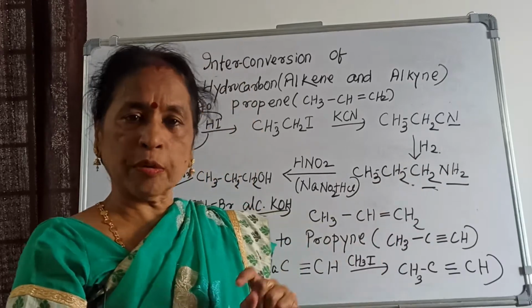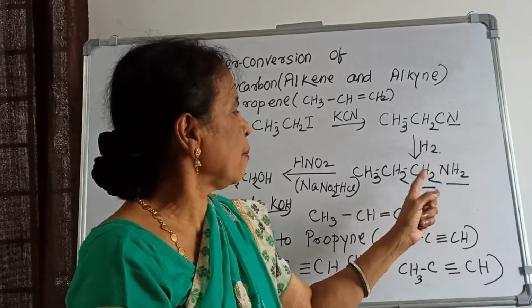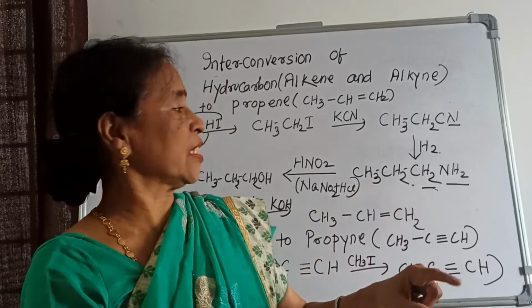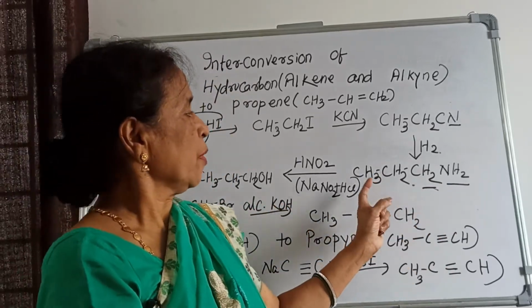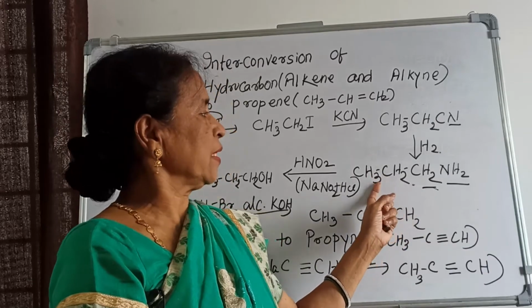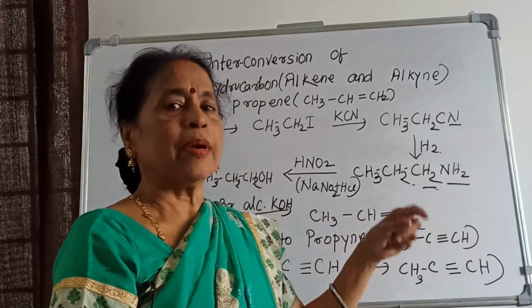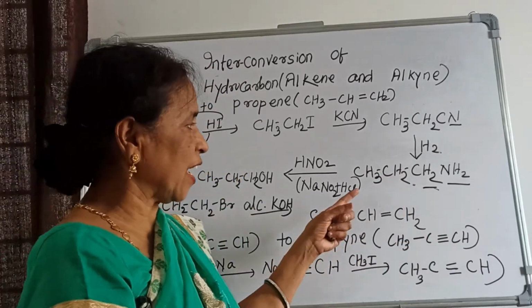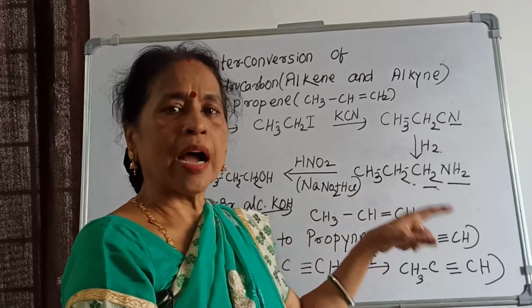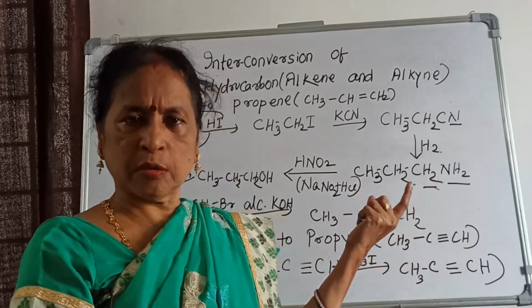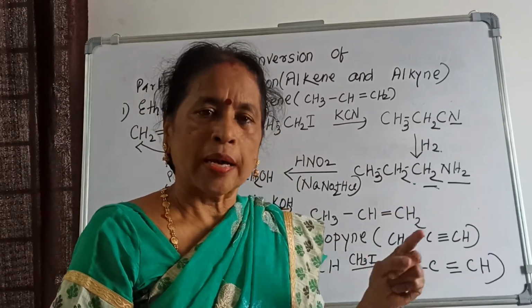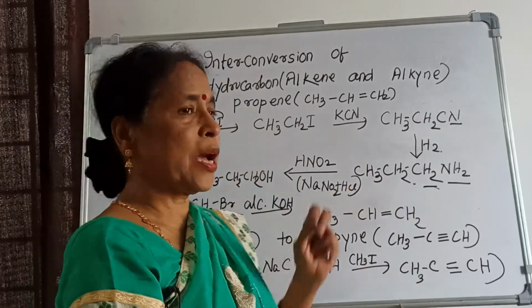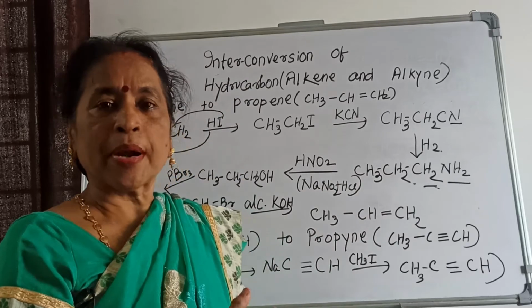Propyl amine, or you can say 1-aminopropane, or you can say propanamine. Again see, the common name is propyl amine, the IUPAC name is aminopropane, but nowadays you can say propanamine. In one position there is no problem, and you can simply say propanamine.